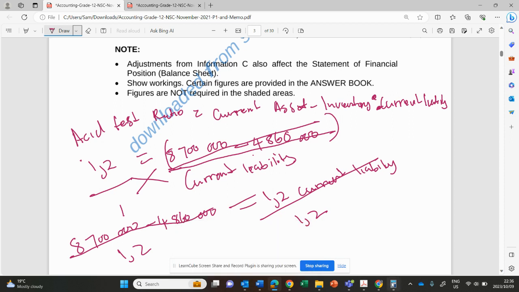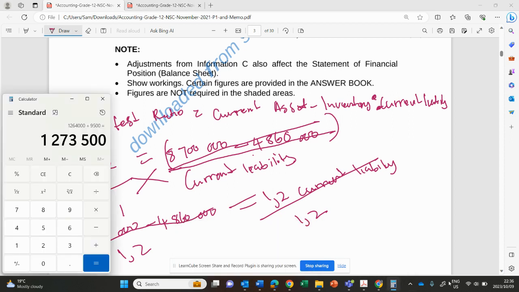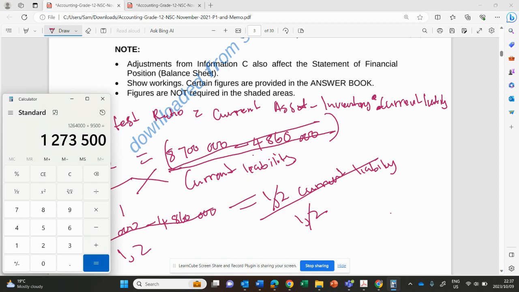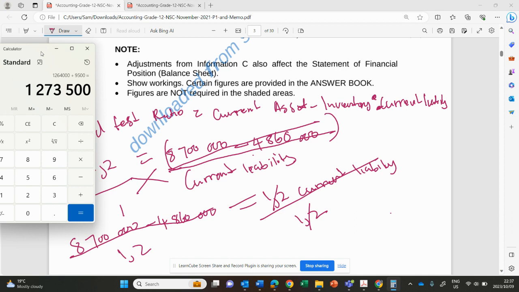This will cancel this. So now let's calculate. I will use the calculator. 8,700,000 minus 4,860,000, then divide this by 1.2.